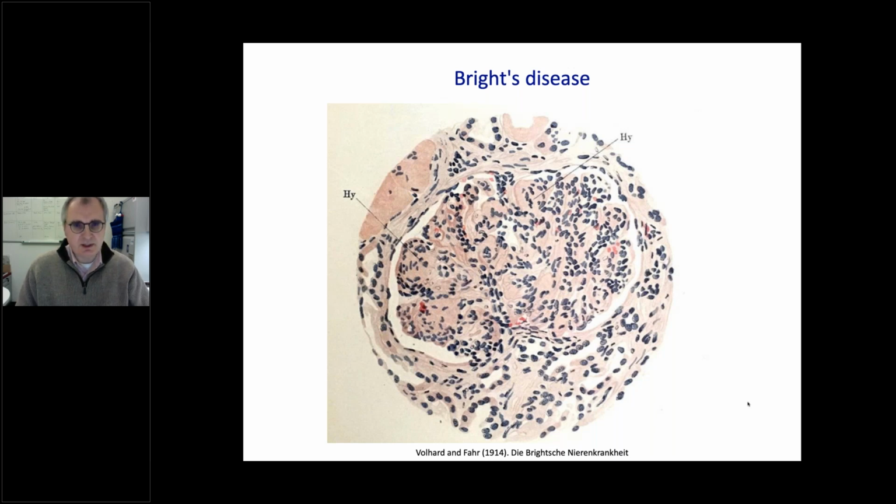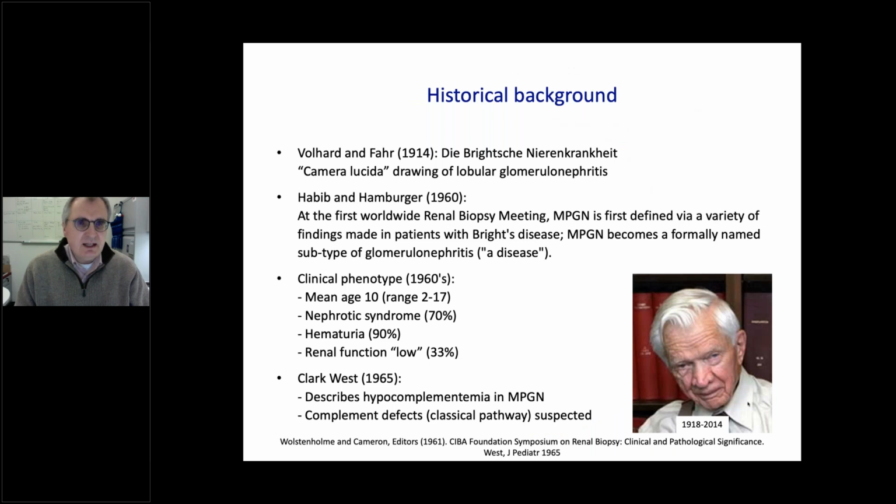It was then in the 60s, at the first international renal biopsy meeting, that MPGN was first defined by the combination of a variety of findings made in patients with Bright's disease. And at that time, MPGN became a formally named subtype of GN, a disease in its own right.